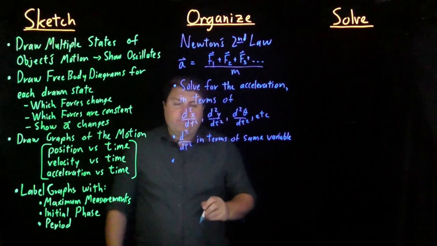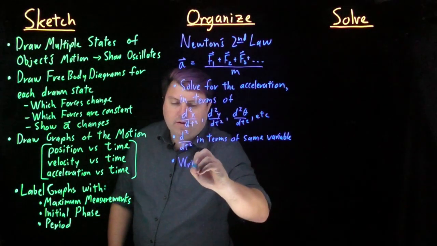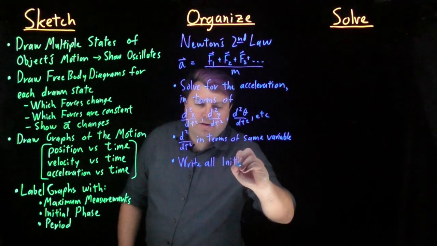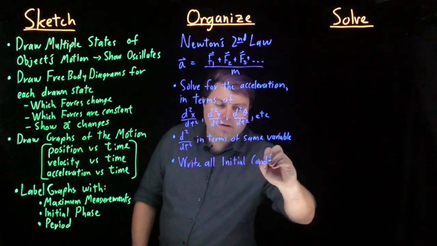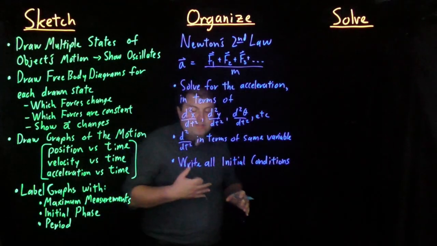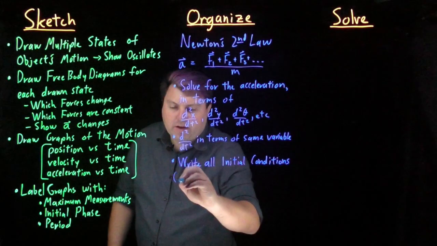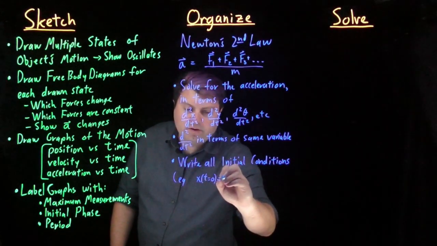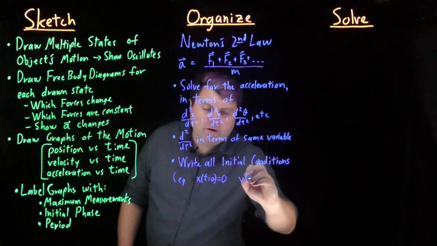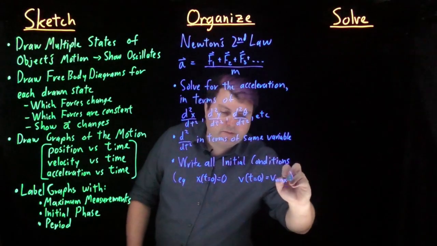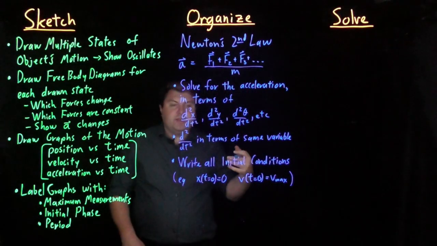Once we have that, we also want to write all of our initial conditions, so how this thing starts. So an example for this, x at time t equals 0 is 0, or velocity at time t equals 0 is the maximum velocity, things of this nature.